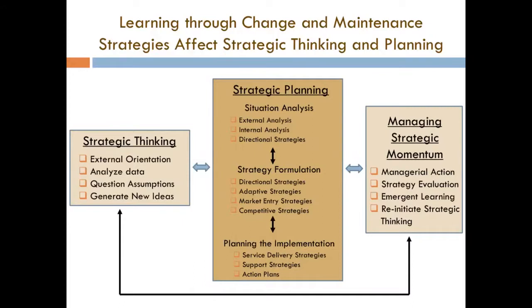So your planning process involves looking at the situational analysis, assessing the environment, both external and internal, as well as formulating your directional strategies: which way you will engage, how you will engage, and which actions you will take. So that's your directional strategies. You are looking at various methods or directions of strategies.